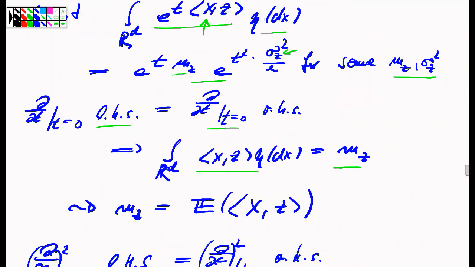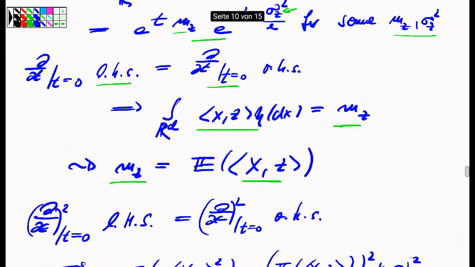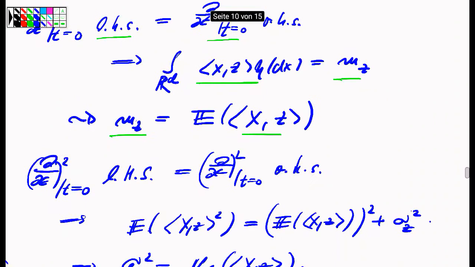But the left hand side is just the expectation of this random variable, which is obtained by projecting onto z. So we find that mz necessarily must be this expected value. So mz is the expected value of x in direction z.